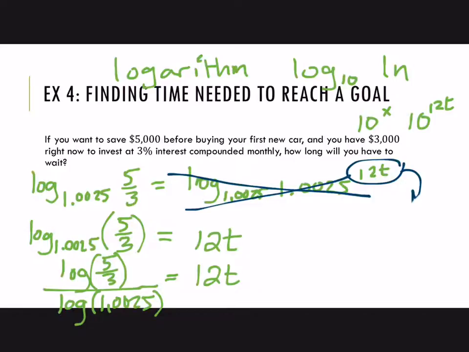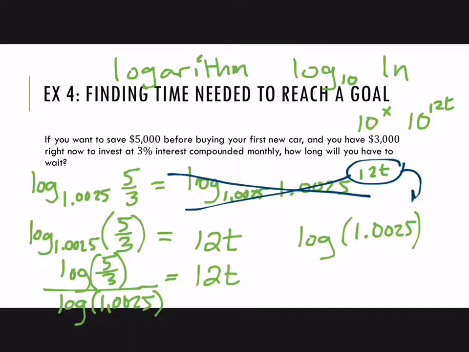On your calculator, find that log key, and you would type this in. You would do the log key, and it may pull up a parentheses depending on your calculator. You may also have to type the number first and then hit the log key, depending on your calculator. Mine, I enter this first.